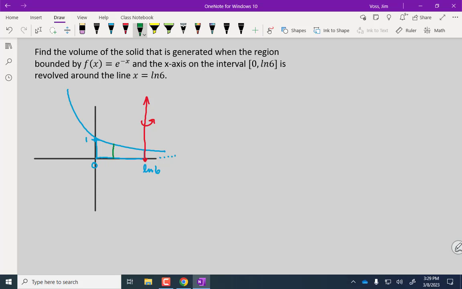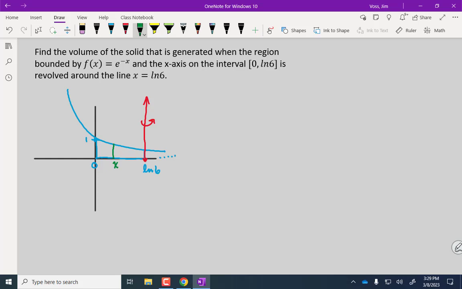And we are going to use a vertical element. Vertical elements are at random x's. Everyone see why we wouldn't use a horizontal element? We wouldn't use a horizontal because the right bound changes depending on where you draw that horizontal element.